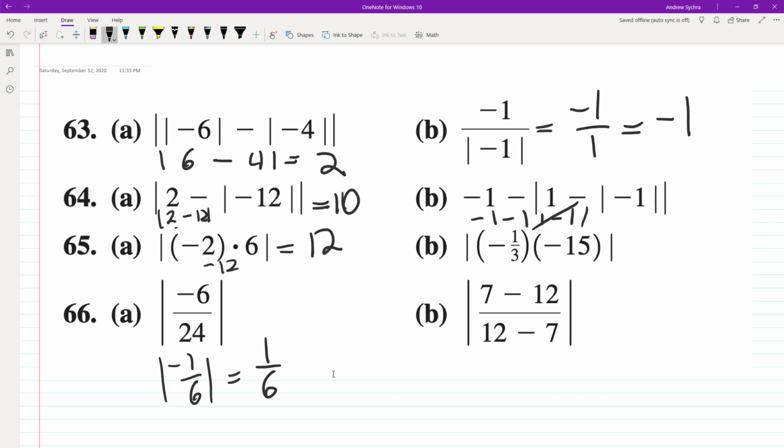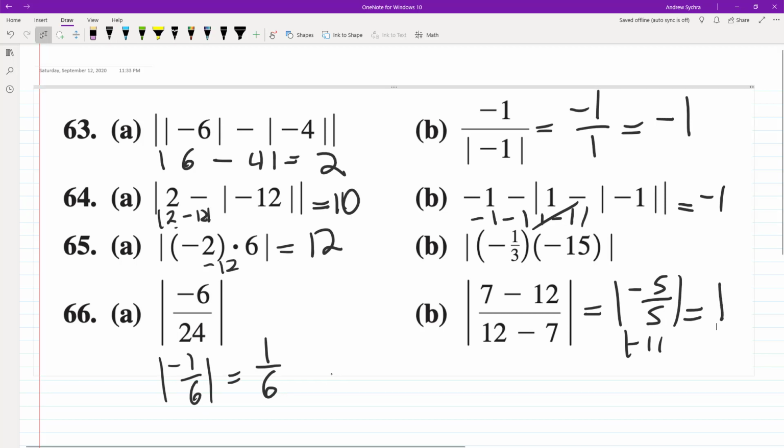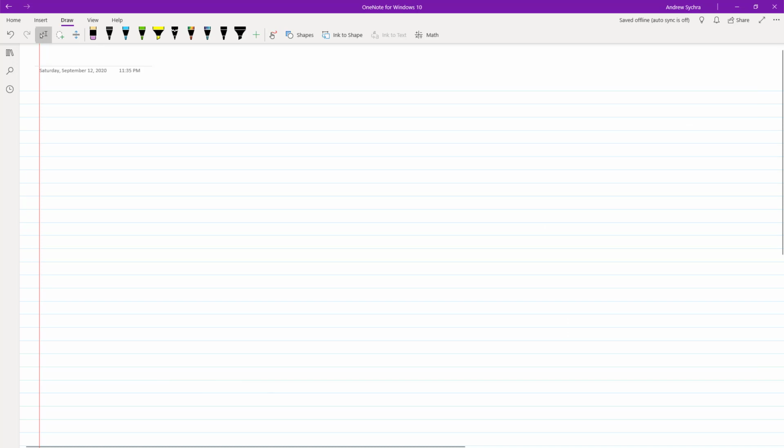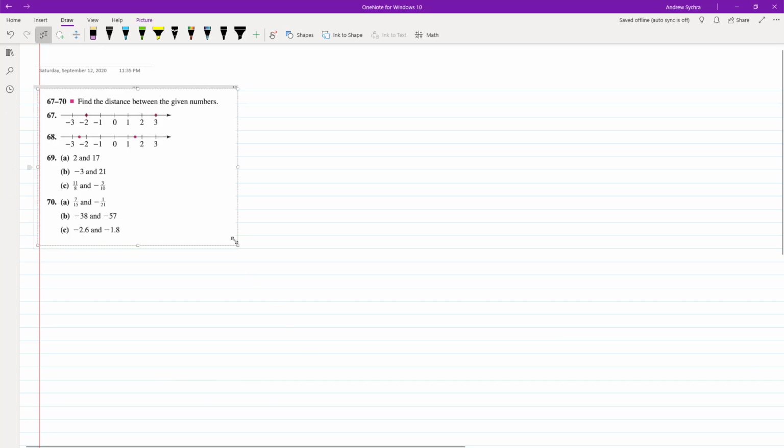So this becomes 0, so we get -1 minus 0, which is equal to -1. All right. It's -1 inside. We get 1. All right. Moving on. I might actually get done with this thing. This goes up to problem 81.